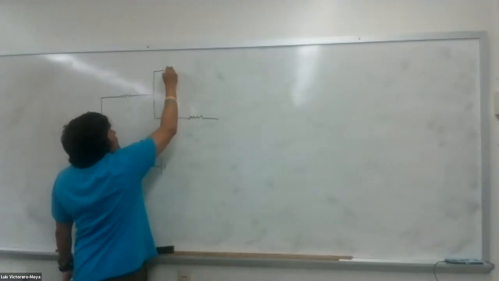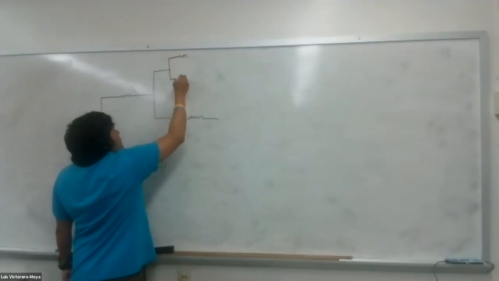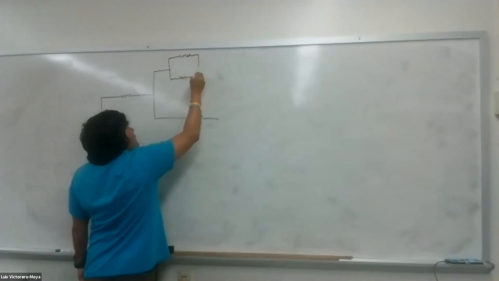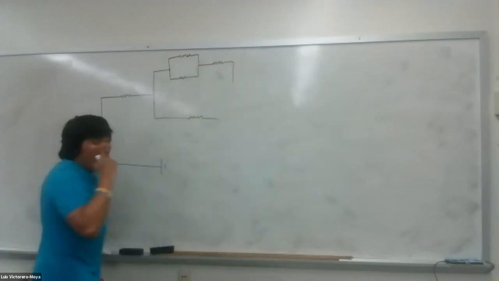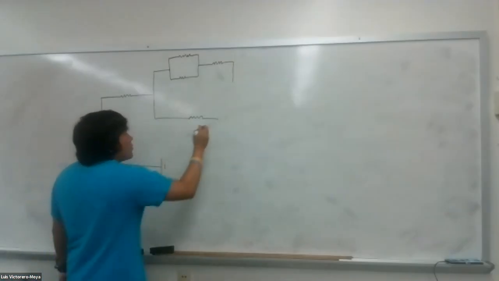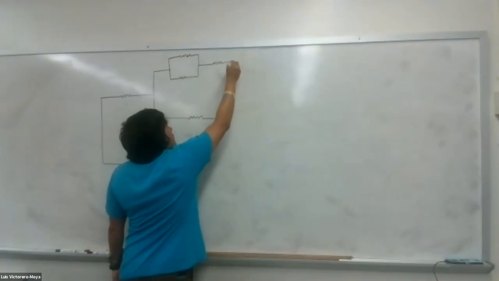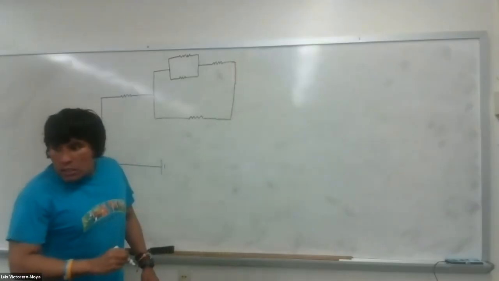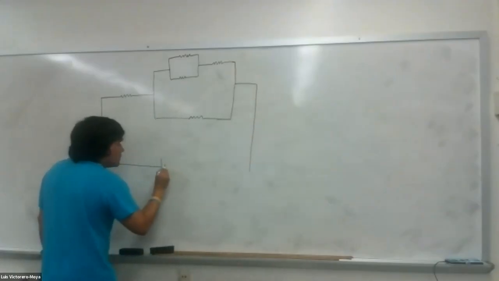There's another junction inside, like this, and then another resistor here. And they close here, and they all go to the battery here.